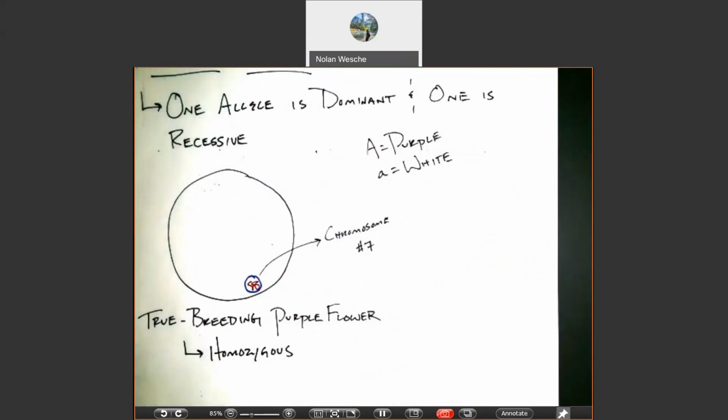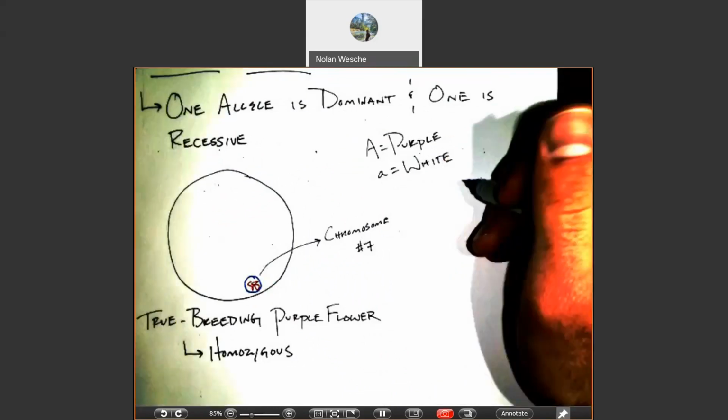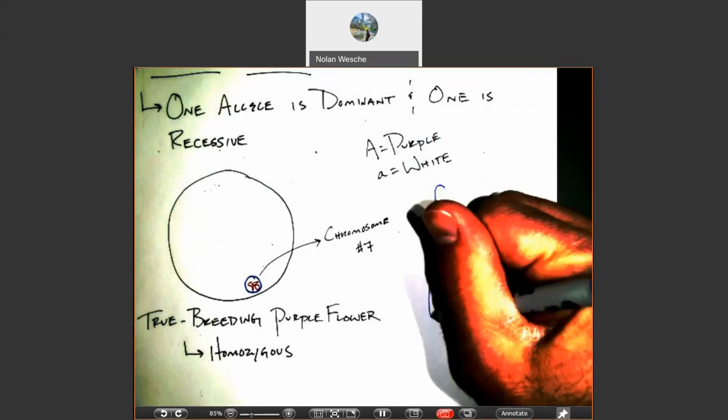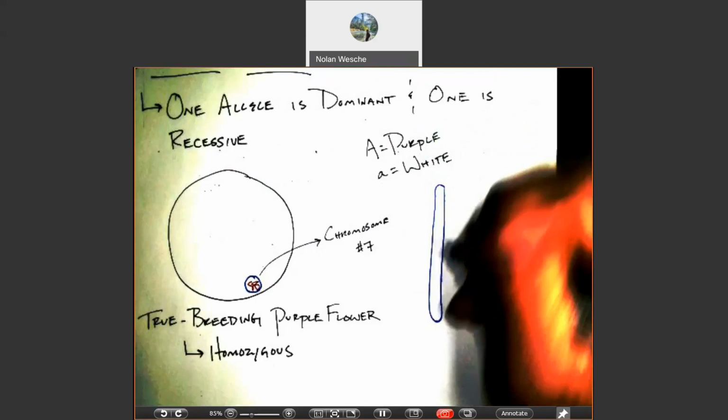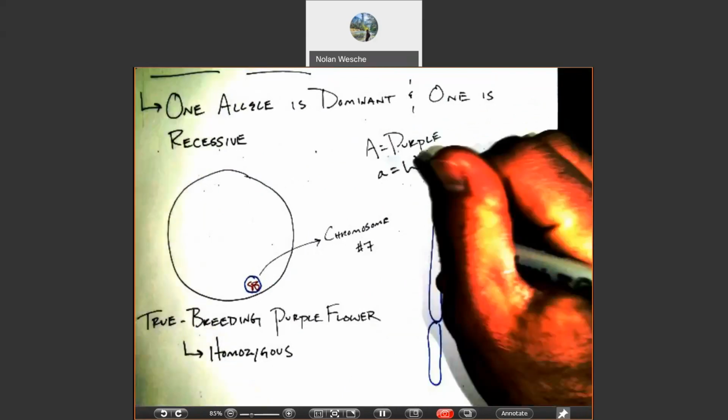Flowers have male portions and female portions, and they can breed themselves, or they can crossbreed with other plants. So we're going to look at the pollen grain that gave rise to the seed that grew this plant, and we're going to look at chromosome number 7.